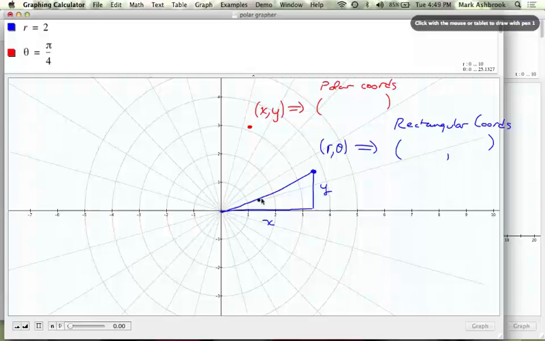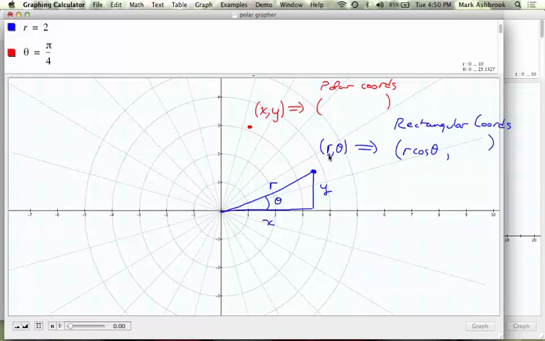So in terms of r and theta, actually we're going to use that for this one over here. What is this in terms of r and theta? That's just r, right? And then our theta is this. So x equals r cosine theta. And just like we did in the last example, now we're just doing generically for any point r, theta. And then y-coordinate, r sine theta. So that's kind of the same as the one we did.